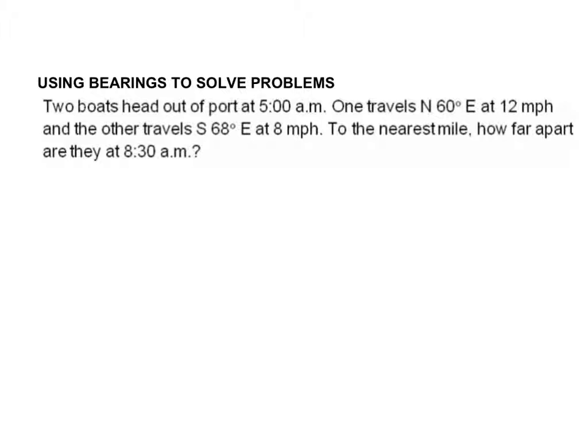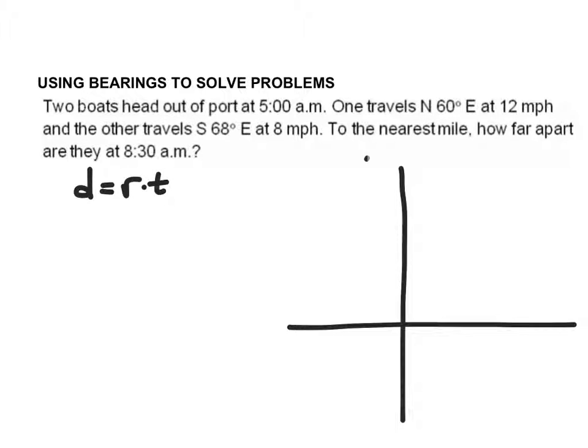So we want to use the equation distance is equal to rate times time. The next thing we want to do is draw a picture. So here's north, south, west, east.